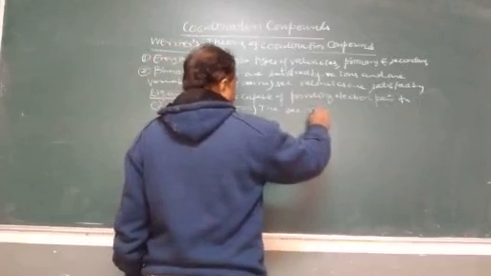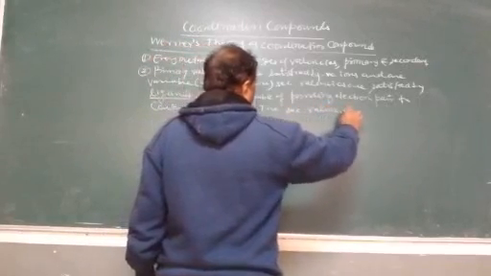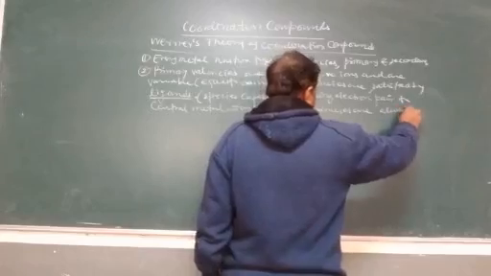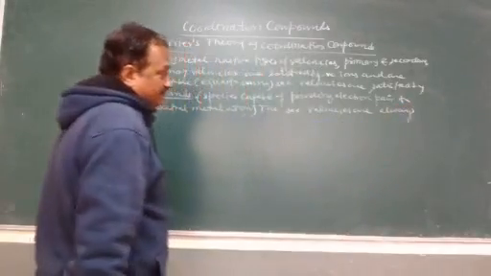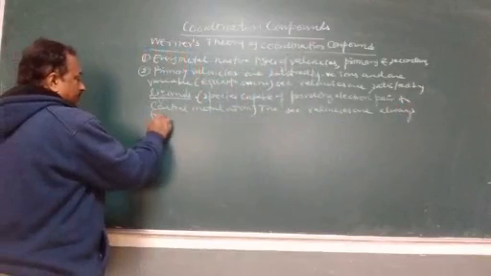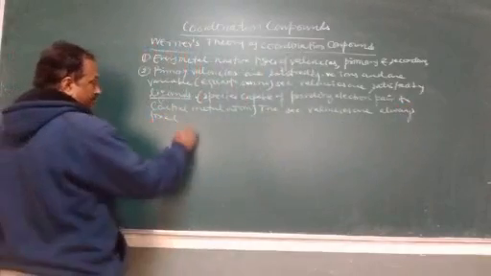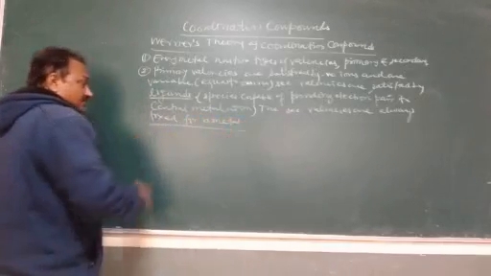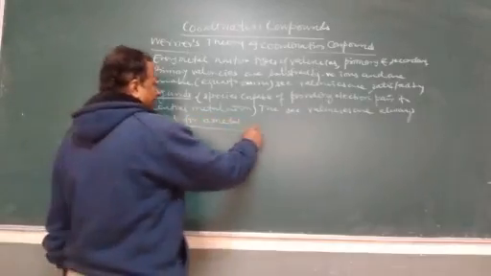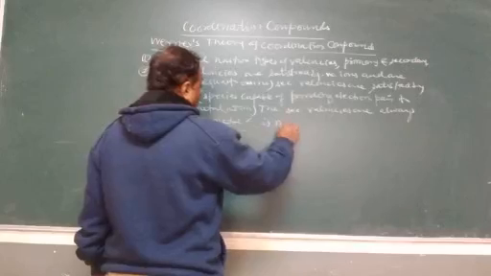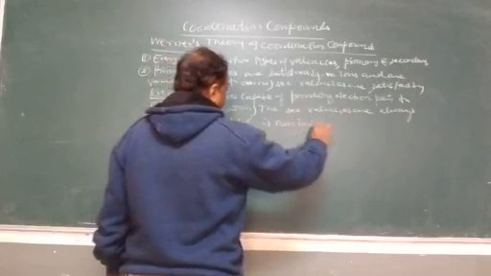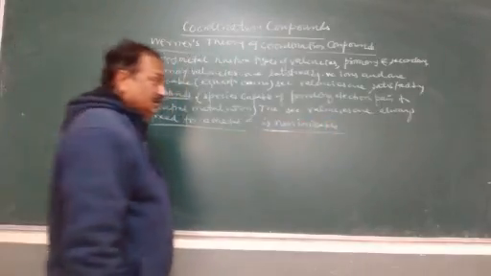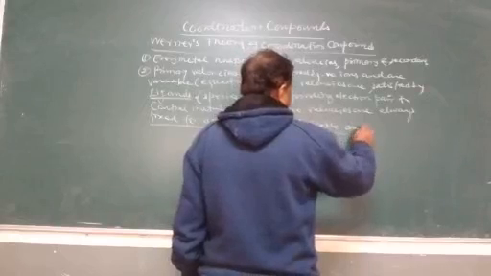The secondary valencies are always fixed for a metal, and are non-ionizable.